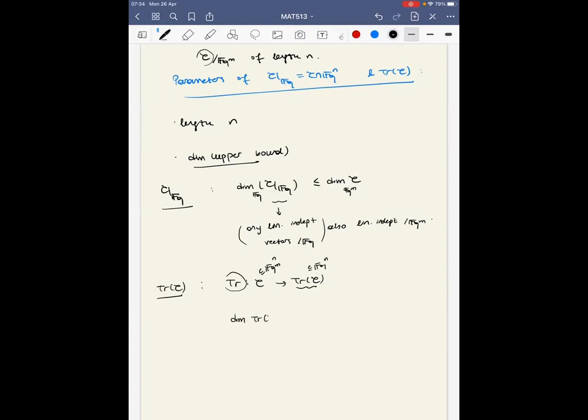This is why the dimension of the trace code is less than or equal to the dimension of C over F_q, so this is going to be m times the dimension of C over F_{q^m}.